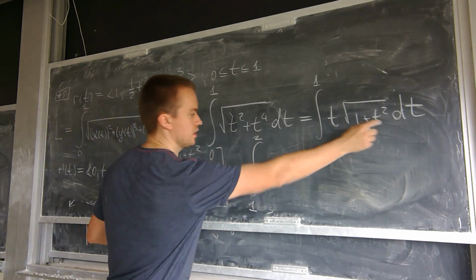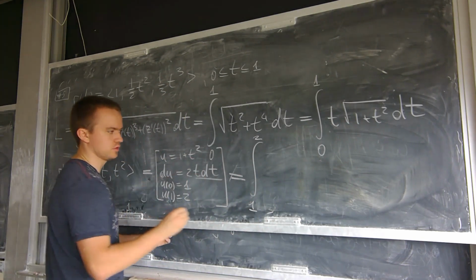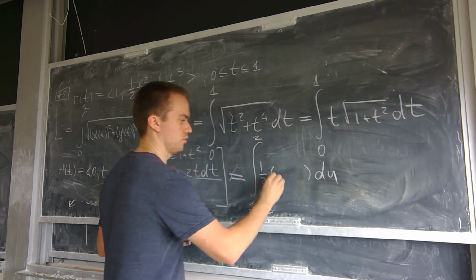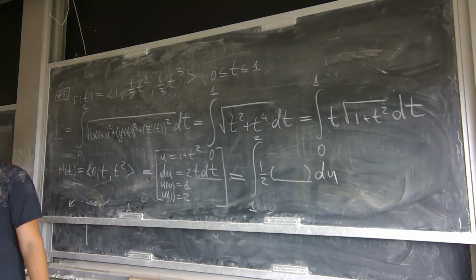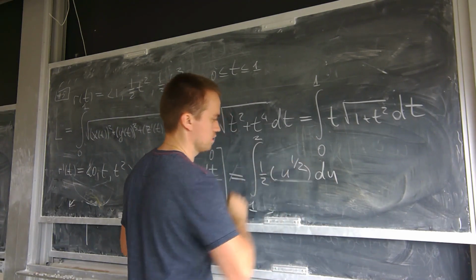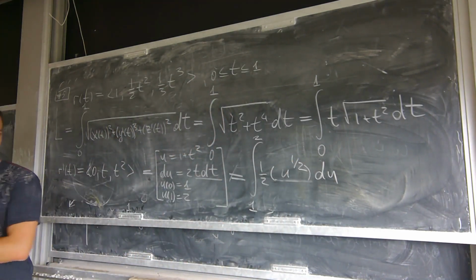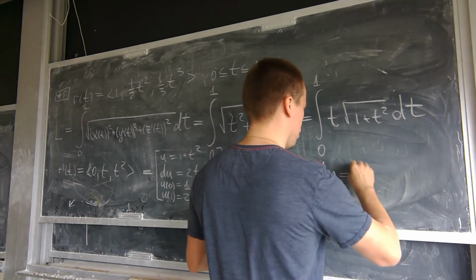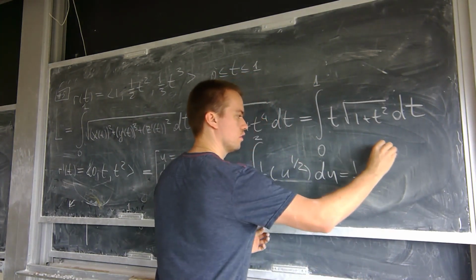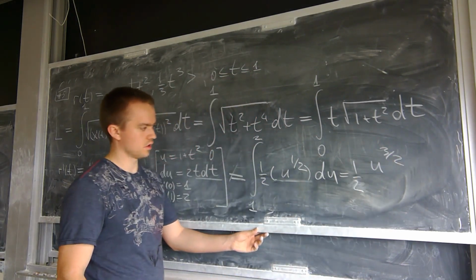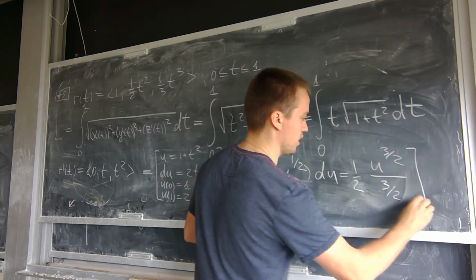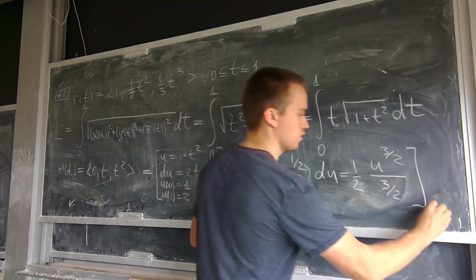What else do you want to write down over here? Yeah, because I have t dt, and t dt equals 1/2 du, so I have 1/2 du. And what goes over here? u to the 1/2, yes. Then this is equal to 1/2 times u to the 3/2 over 3/2, evaluated from 1 to 2.